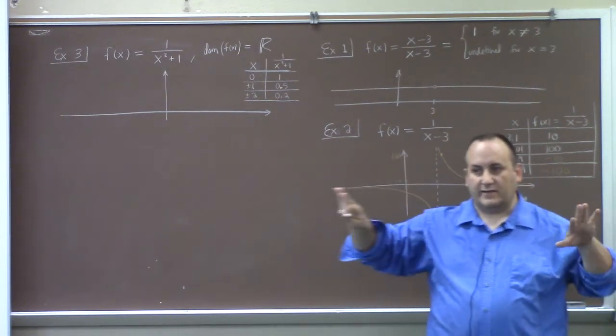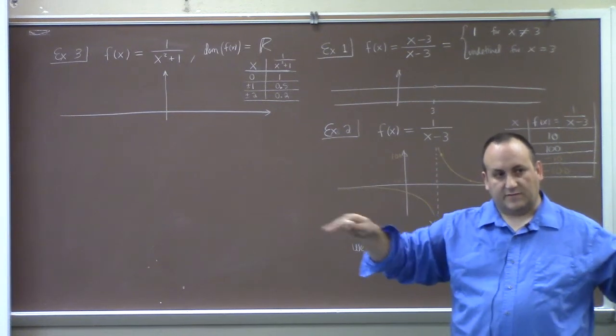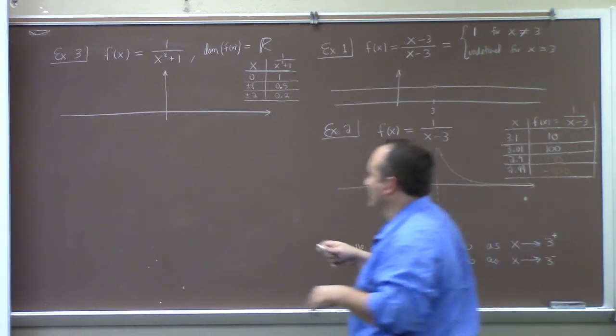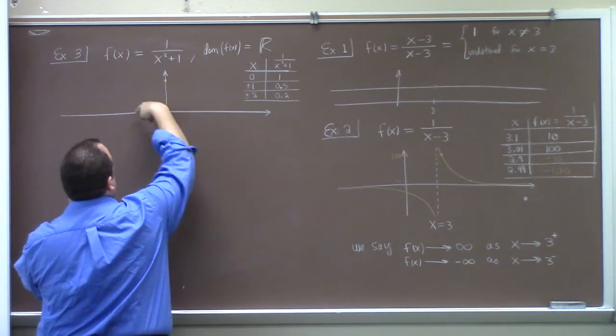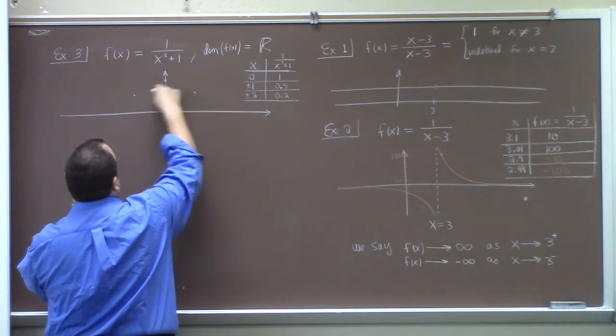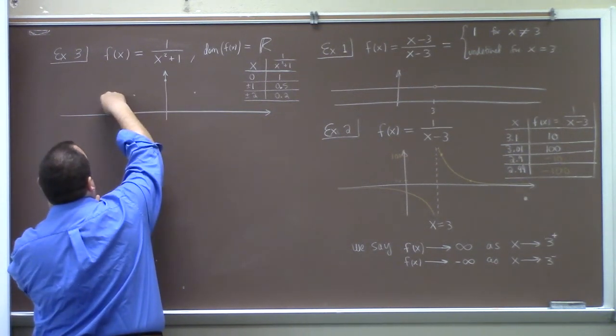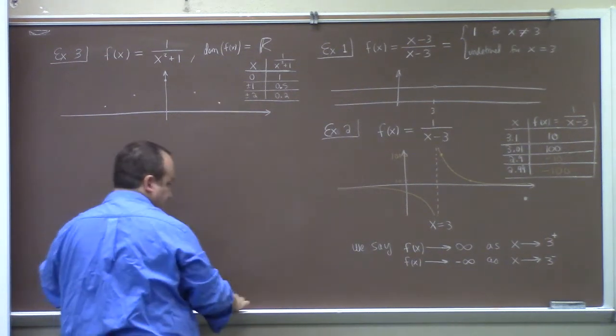As x gets really, really large, we get closer and closer to 0, right? So this is kind of like a bell. So something like that.